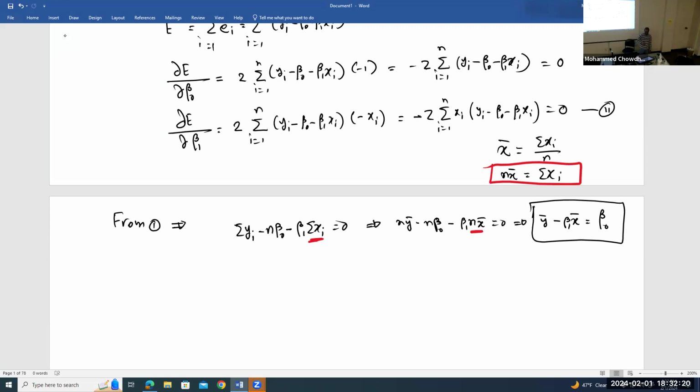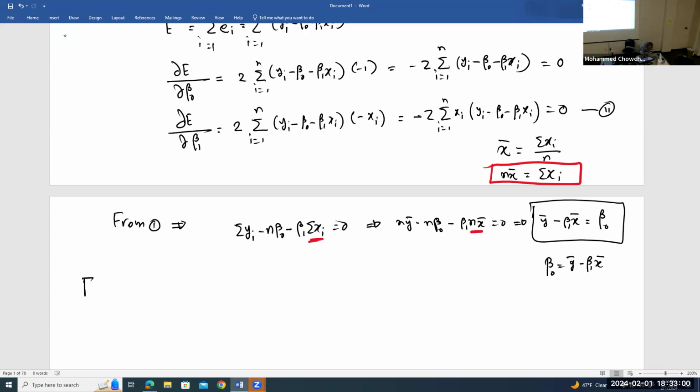Clear? And there is how many n? 3n, right? So if you divide by n on both sides, n is gone, right? Are you okay, gentlemen? So this is n and n. If you divide by n, then one n is gone. Okay? So what you have in here, you have beta 0 equal to y bar minus beta 1 x bar. This is what you have.